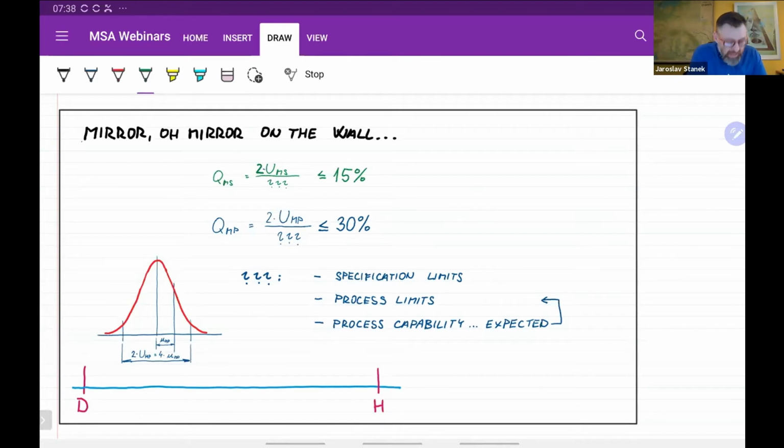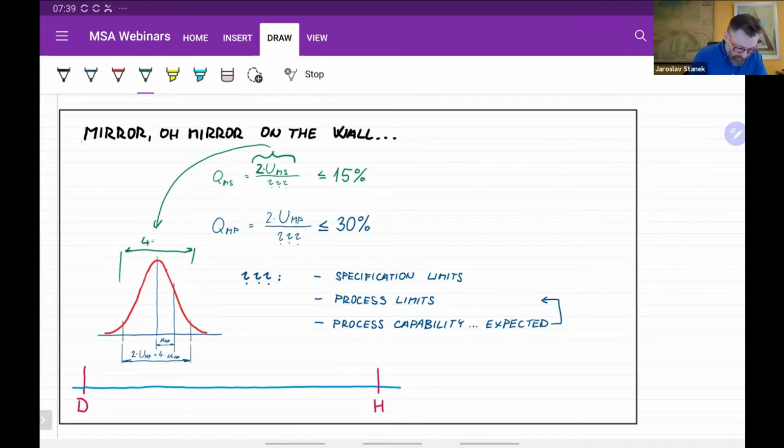And it is calculated as a fraction of the width of the uncertainty. So this up here is this region here.